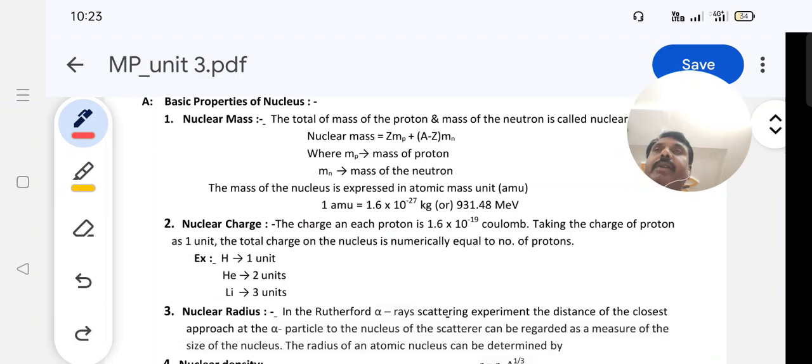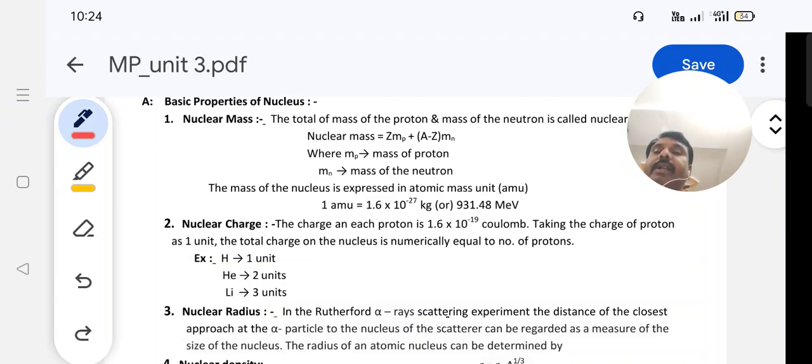We know that for any atom with atomic number Z and mass number A, there will be Z protons and A minus Z neutrons inside the nucleus. Hence the mass of the nucleus will be equal to Z times the mass of the proton plus A minus Z times the mass of the neutron.